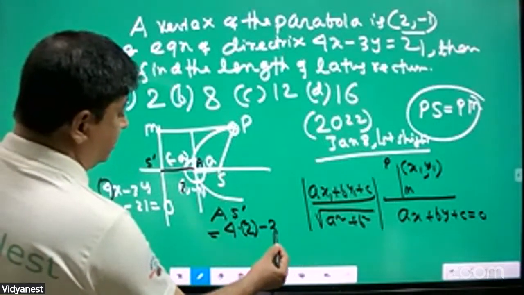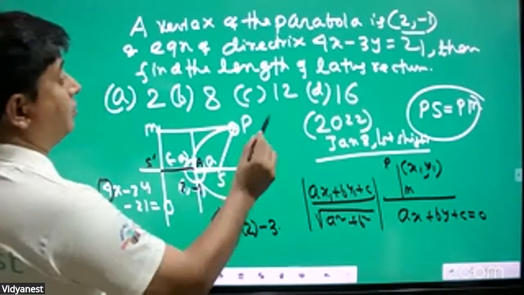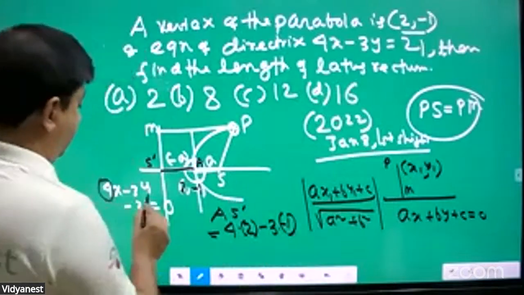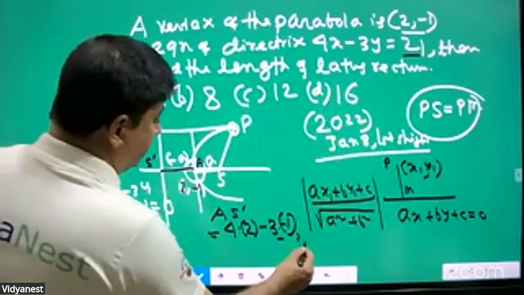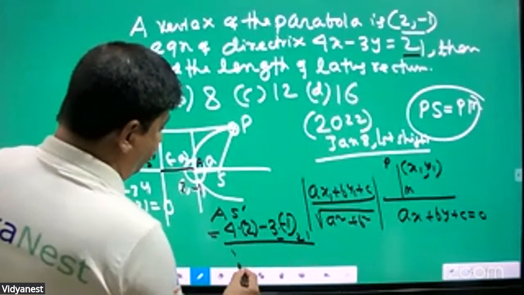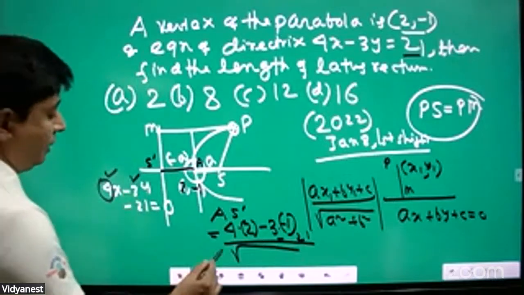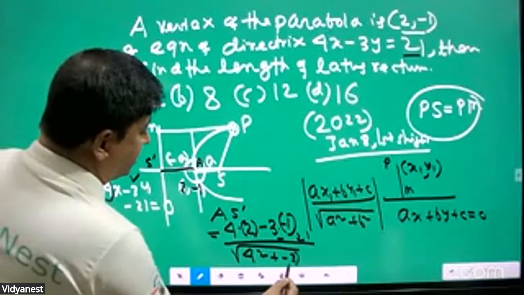Minus 3 into y. What is y? Minus 1. You see 2 comma minus 1. Minus 21 by root over of a square plus b square. This is a, this is b.